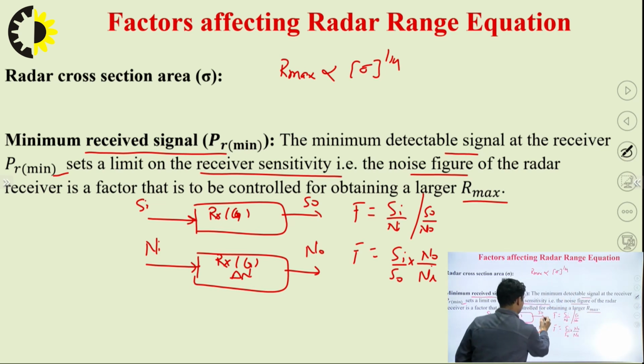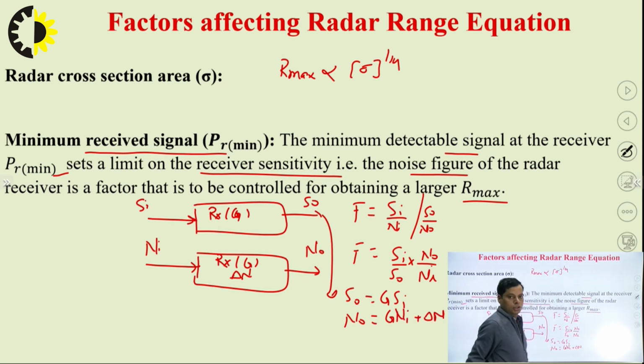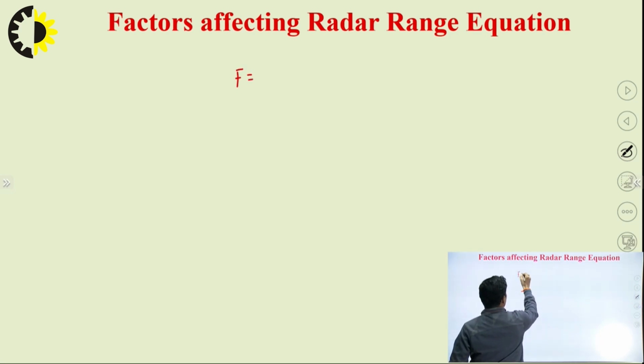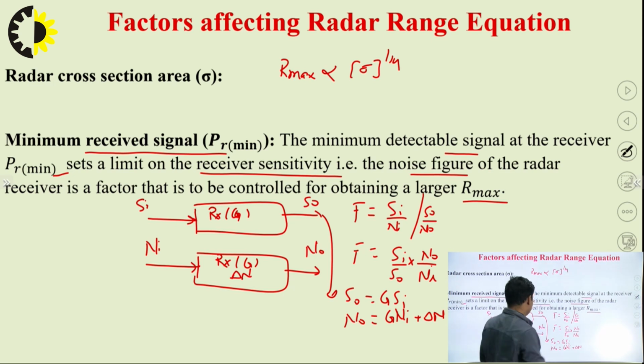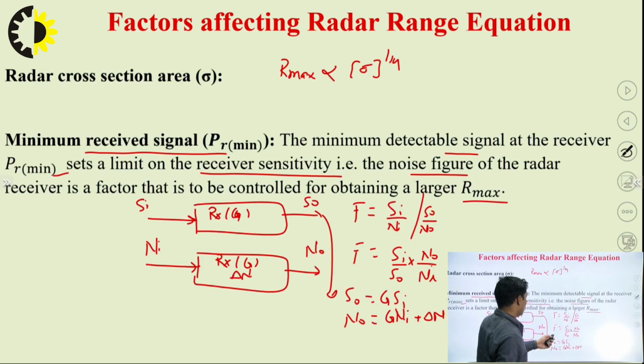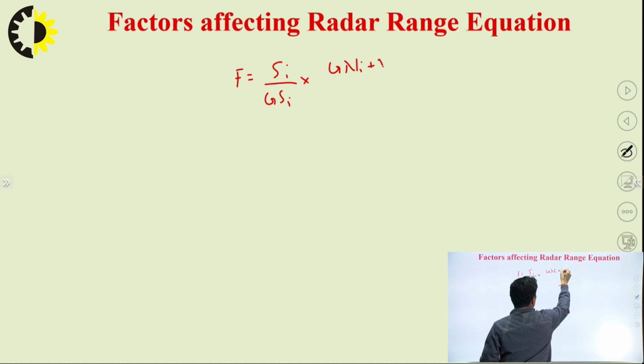From these two figures, the value of S naught is G into Si, and N naught is G into Ni plus del N. So we put these values in the noise figure. F becomes Si upon G into Si, next N naught over Ni, so we put N naught as G into Ni plus del N, upon Ni.